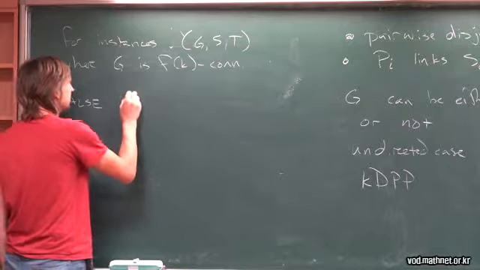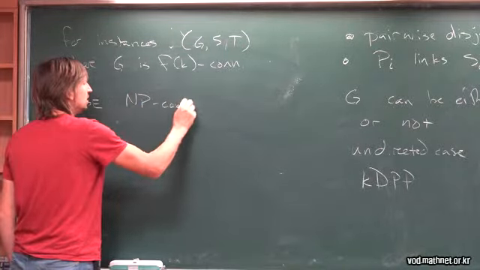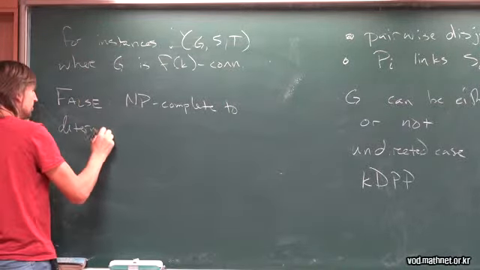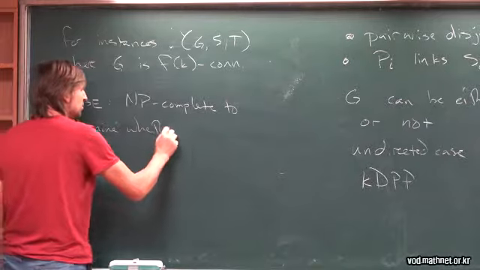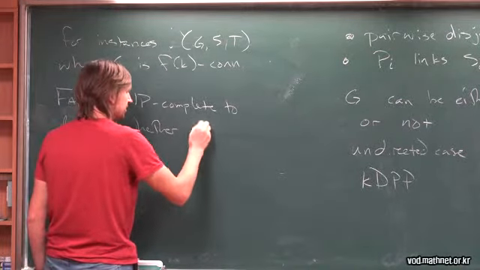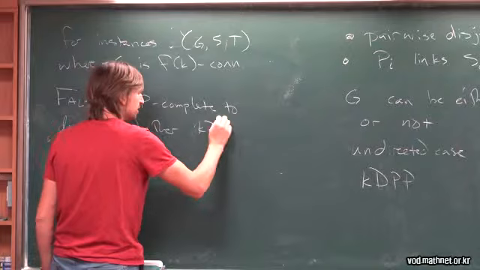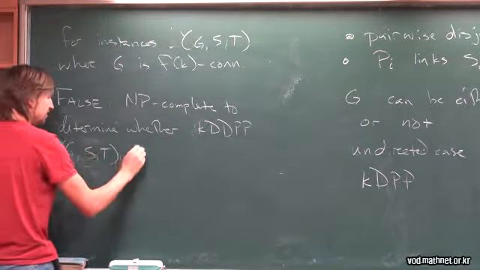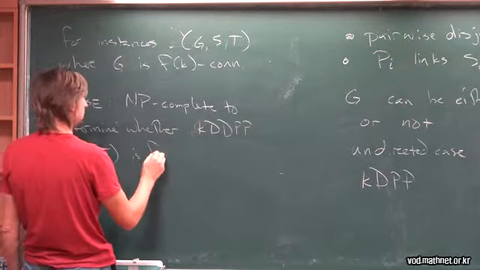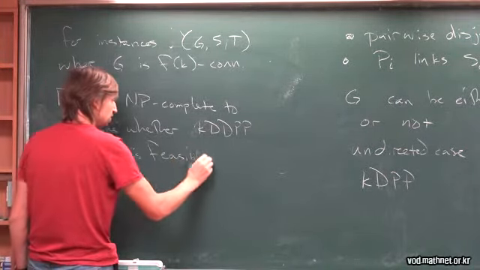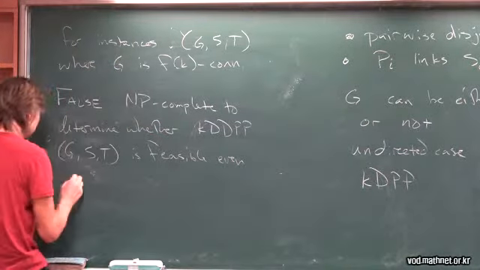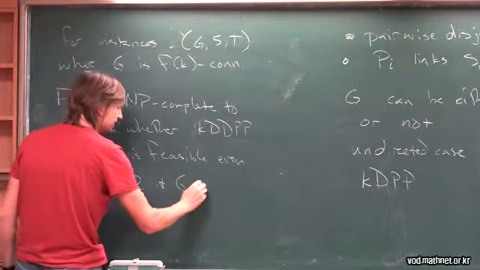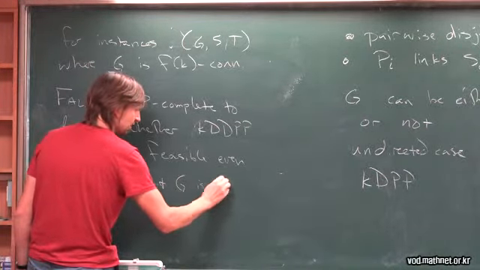So it's NP-complete to determine whether a k-directed disjoint paths problem G, S, T is feasible even when k is equal to 2 and G is arbitrarily highly connected.